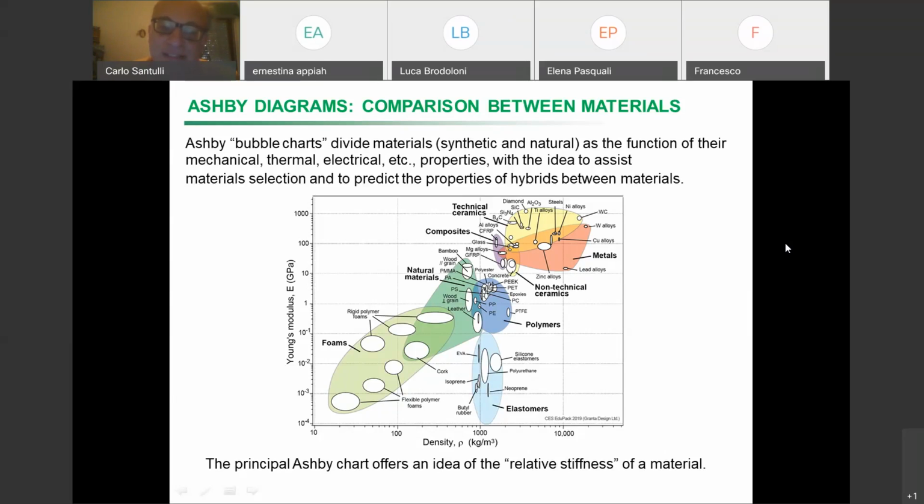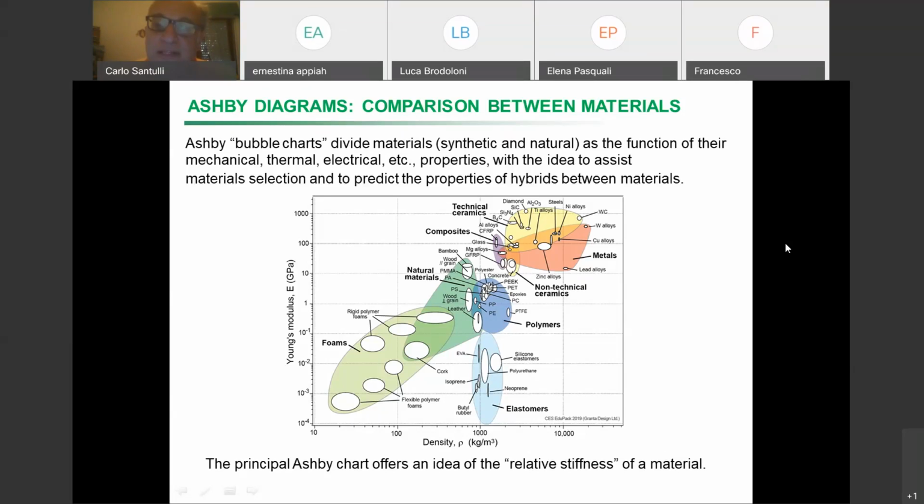But we are interested in the exceptions. The materials of interest are materials which are not that heavy and stiff, which have a considerable interest. So if you compare, for example, steel and aluminum, this is a typical example.